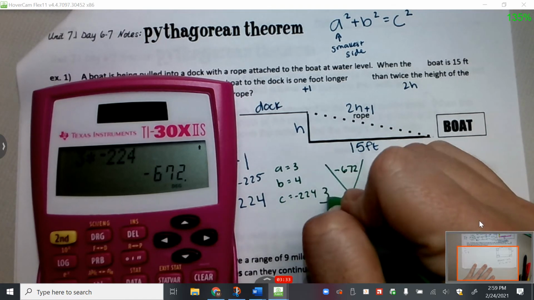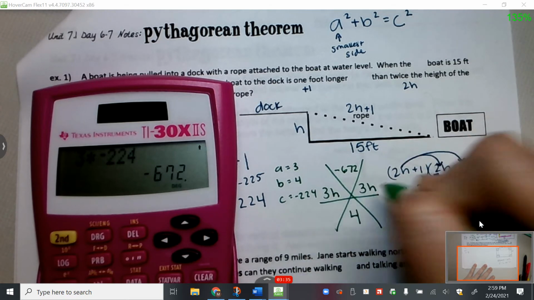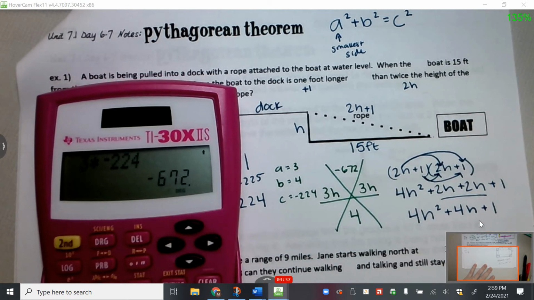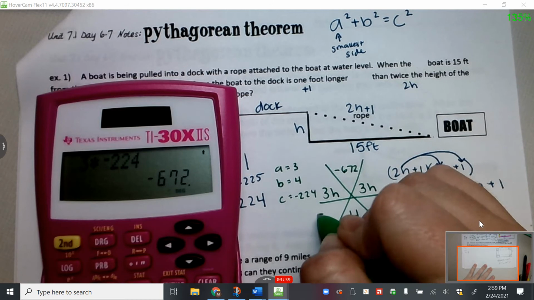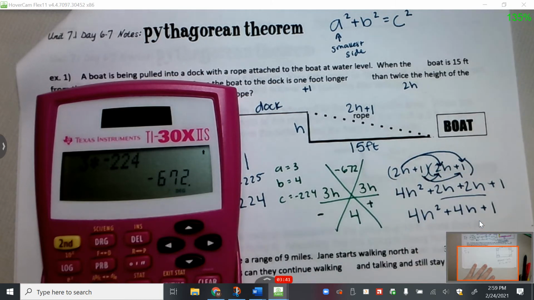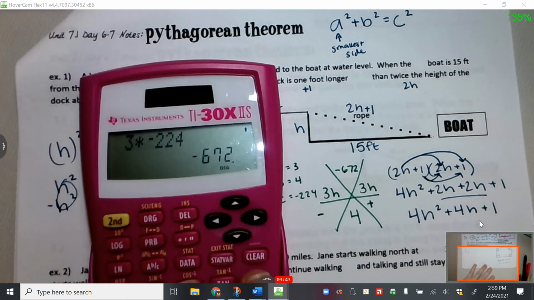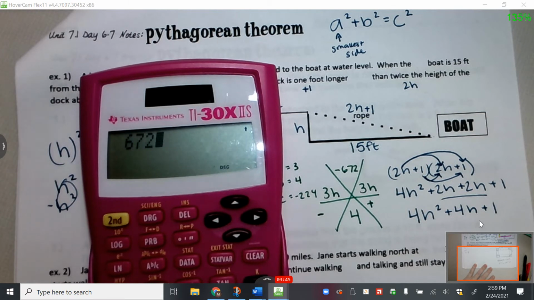Okay, and now I need to figure out what multiplies to give me negative 672 but adds to give me 4. So I know I'm going to have a negative and a positive. Okay, so knowing that, I'm just going to take 672, I'm going to start dividing. 4 and 168 do not subtract to give me 4. 8 and 84 do not subtract to give me 4.